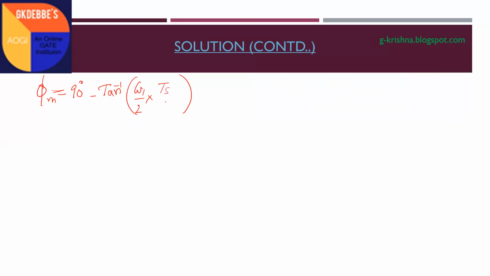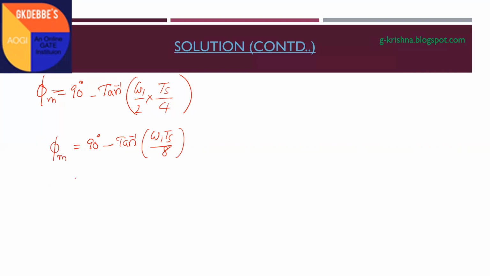So we get 90 degrees minus tan inverse of omega 1 Ts by 8.